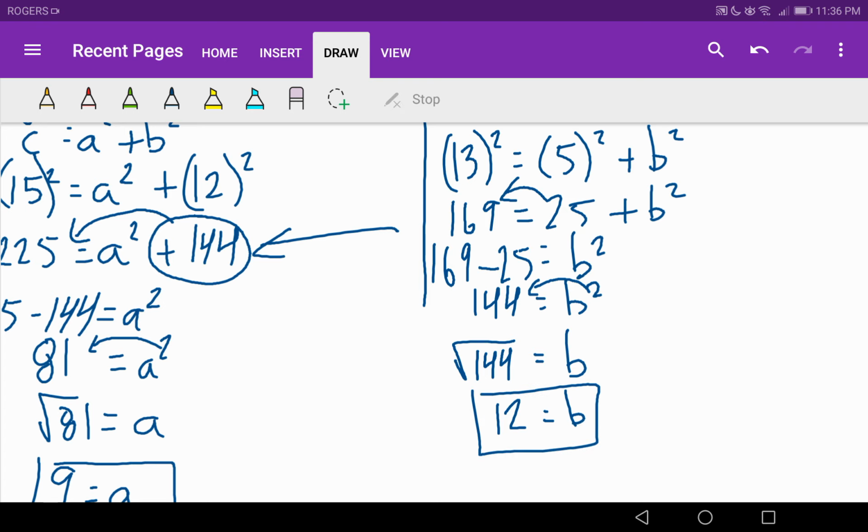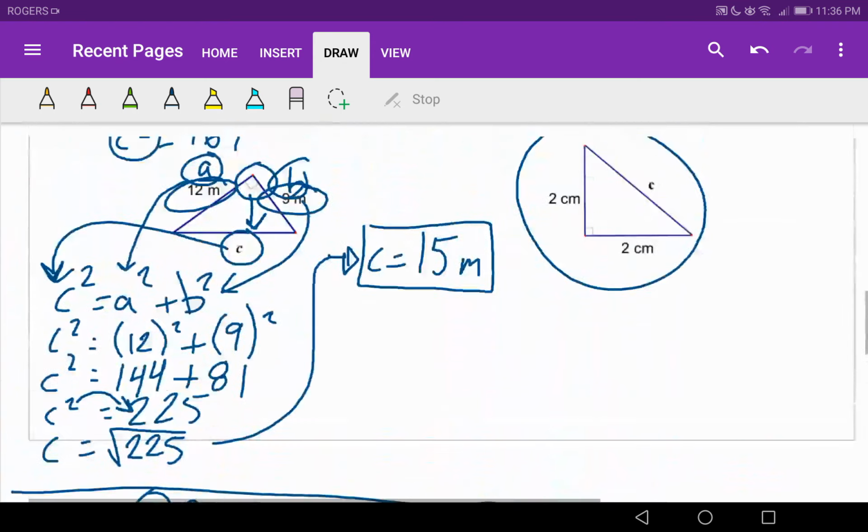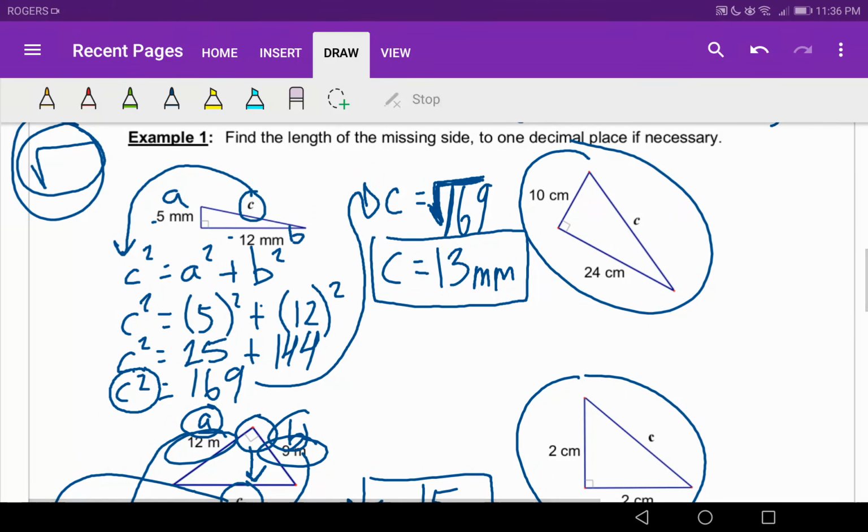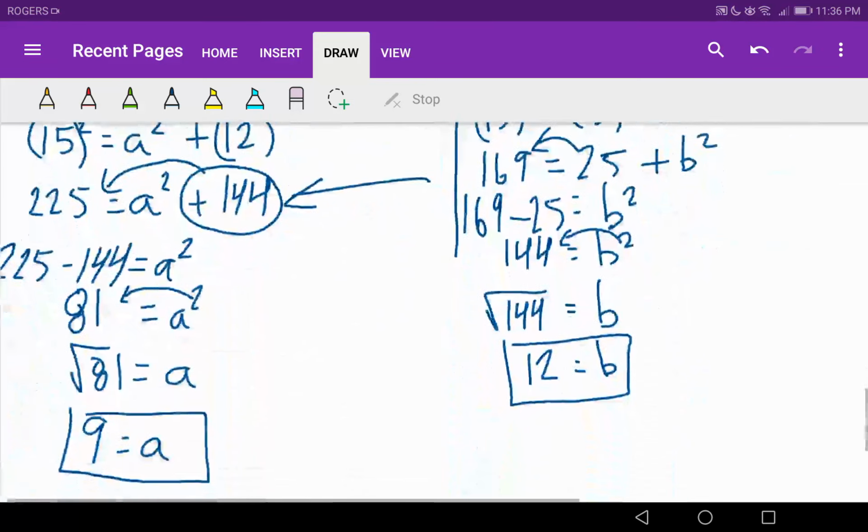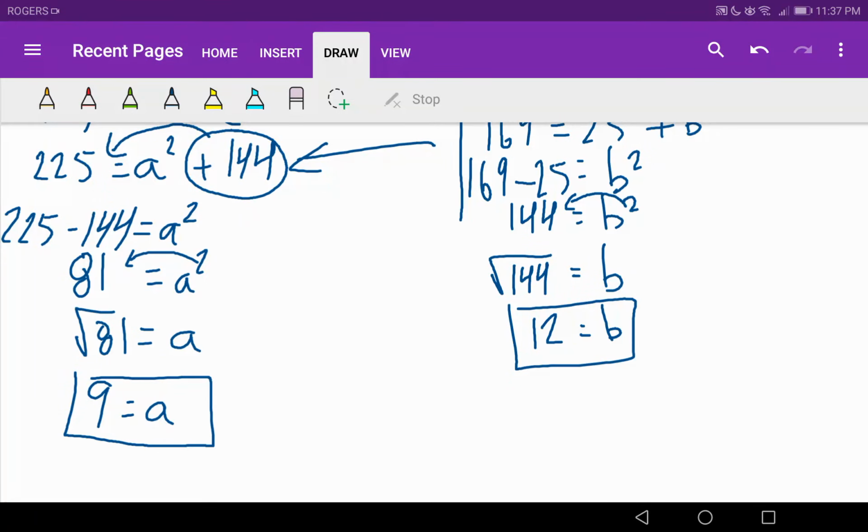And if I scroll up to that first triangle, look at that, you can see the 12. All right, so that's the side that we solved for. Hopefully that proves to you that this Pythagorean theorem, this formula of C squared equals A squared plus B squared, works, it checks out. You can solve for either C or A or B, just like we did in all of these examples here.